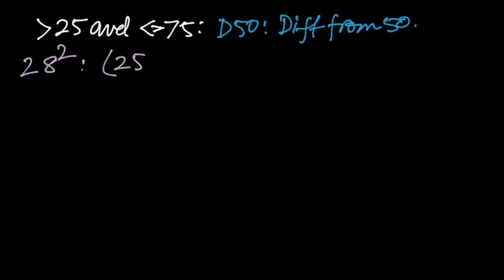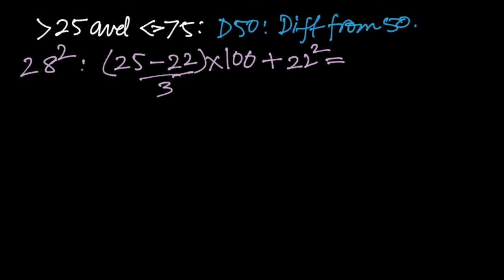Then if the number is less than 50, we subtract the difference between 50 and the number. So here it is 22. Then we multiply it with 100. Then we add the square of the difference. So 22 is the difference between 50 and 28. So this becomes 3 and the square of 22 is 484. So this becomes 300 plus 484. So the answer is 784.